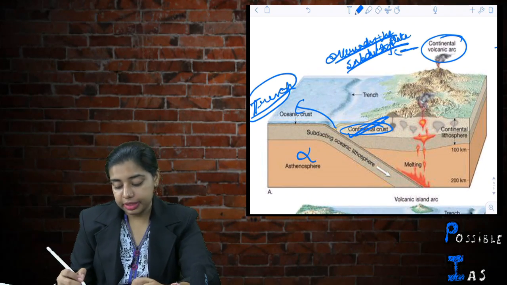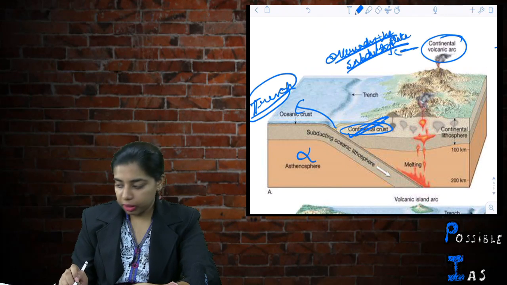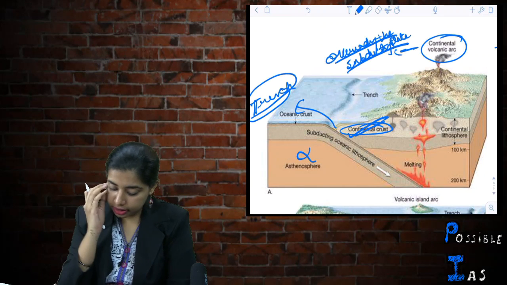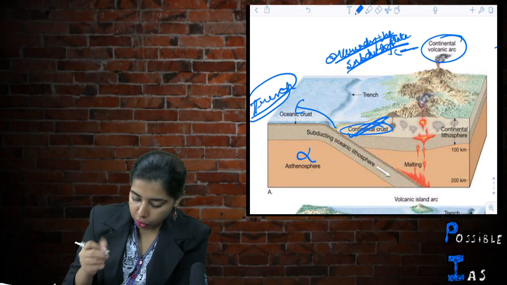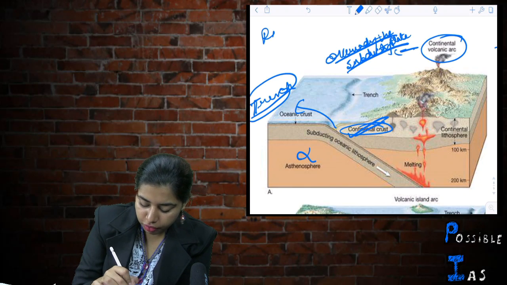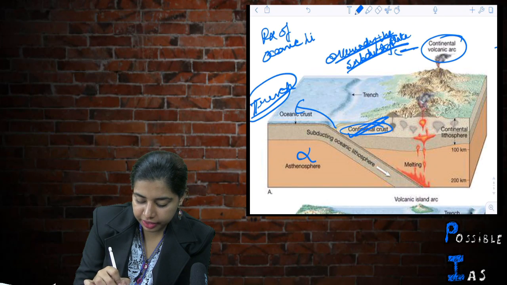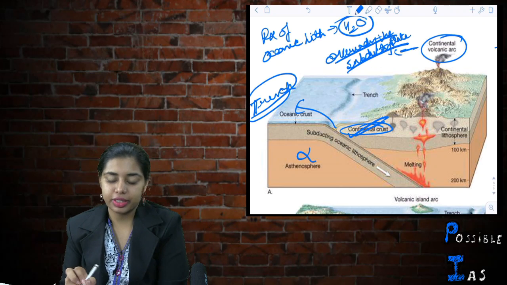Now when the oceanic lithosphere is subducting, the rocks of the subducting oceanic lithosphere have a lot of water in them.